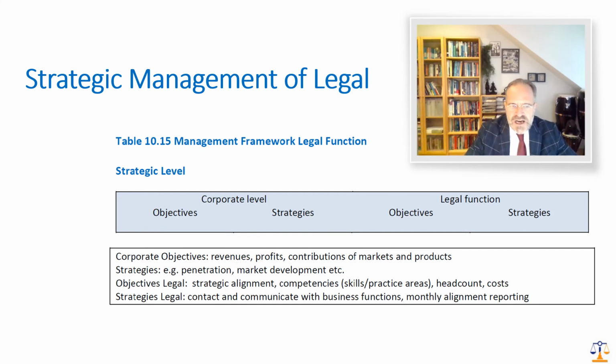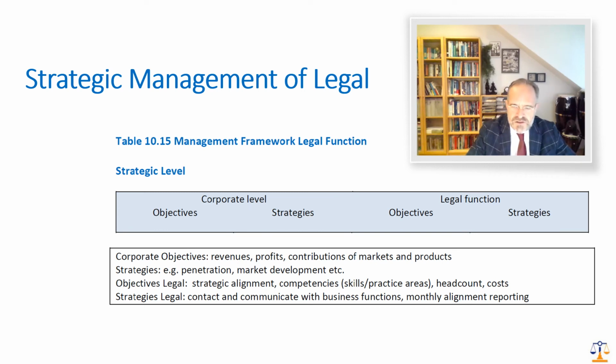What you see here now is the strategic level planning, and we should simply realize that before any objectives or strategies are set for legal, which would be a typical strategic management approach, that we first have to look at what the objective and strategies at corporate level are, because they provide the basis for deriving objectives and strategies for the legal function.